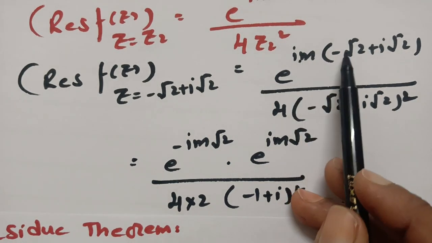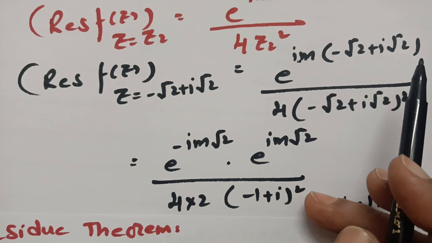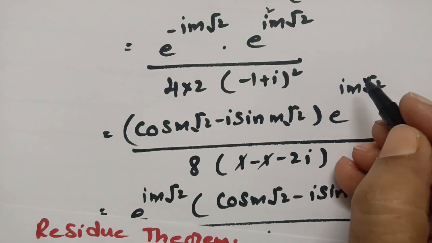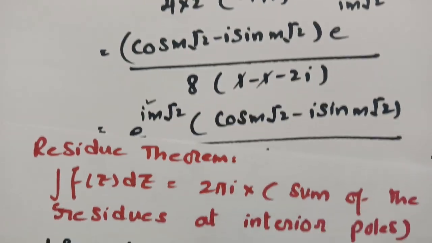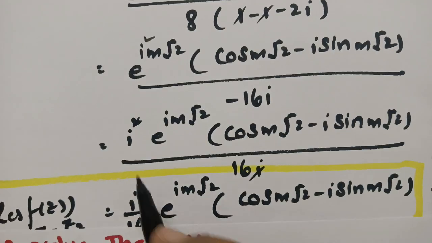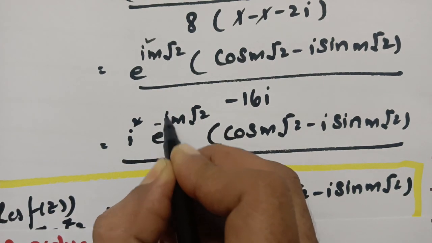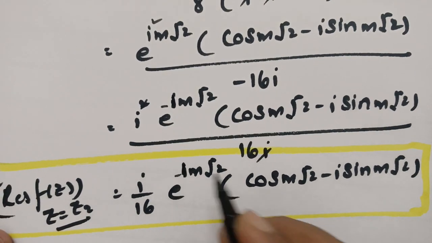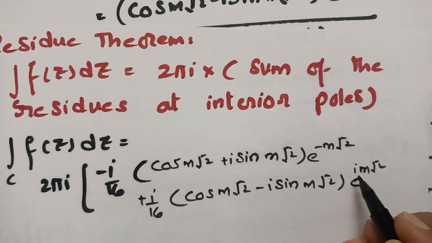If I multiply inside, this will be minus, and I into I is I square, and therefore this value will be minus 1. So this is also minus.